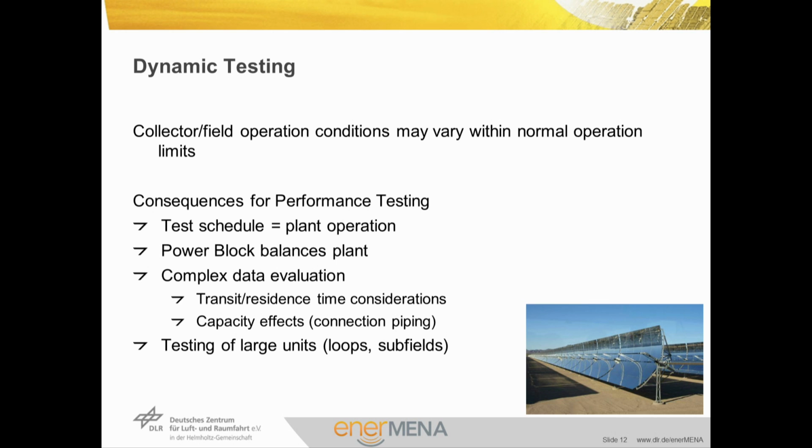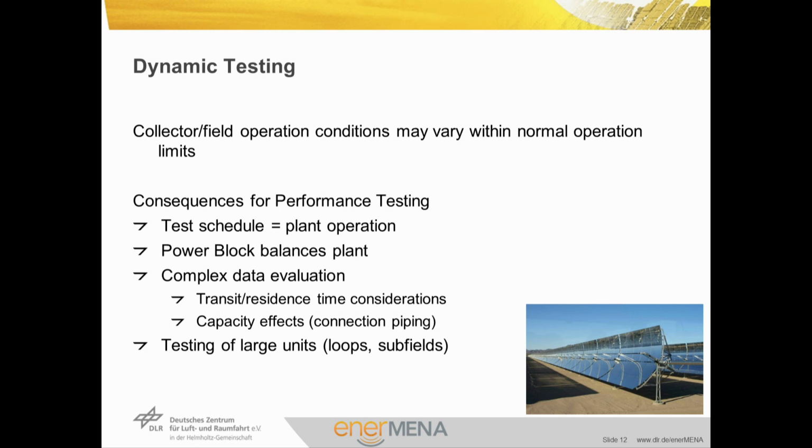During dynamic testing, collector or field operation conditions may vary within the normal operation limits. Thus, testing schedules essentially equal regular plant operation, and a power block operated according to its regular schedule balances the solar field. This simplification on the level of testing, on the one hand, results in the need for more sophisticated data evaluation procedures on the other.